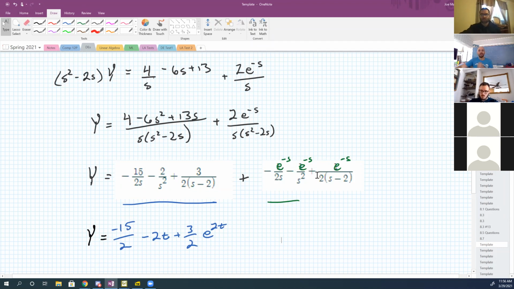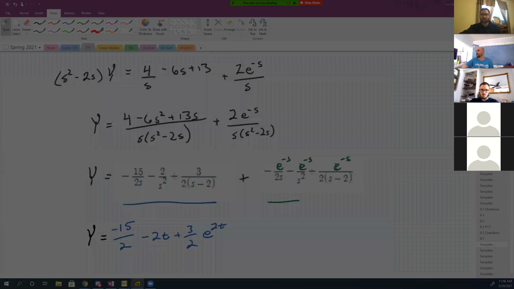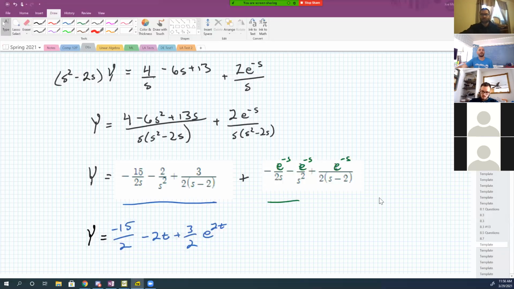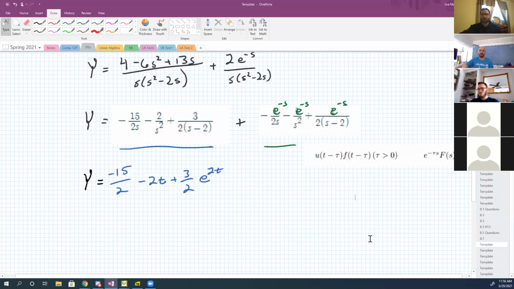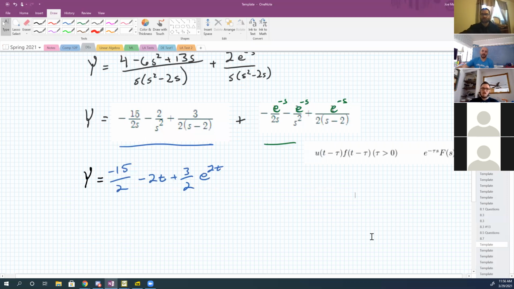Well, these are a little weird, but they're not particularly crazy. So here's the line I'm looking at.